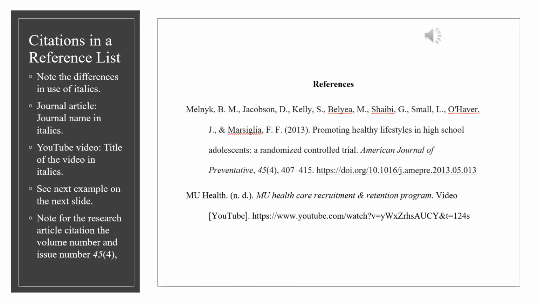Following that, it says video, and then in brackets, you put YouTube to be specific about where the video came from. Following that, we have the website, and no period after that. I will show you a few other examples on the next slide.